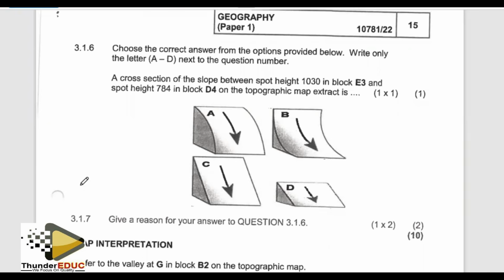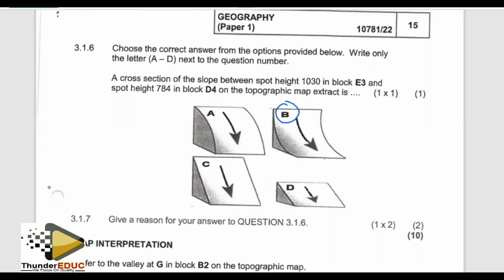When you look at option B, you can see it is gentle, then it becomes steep. That's why we're going to take B as our correct answer.